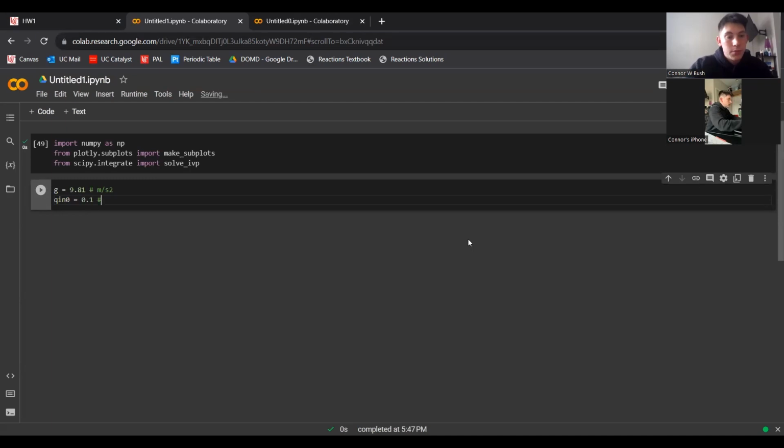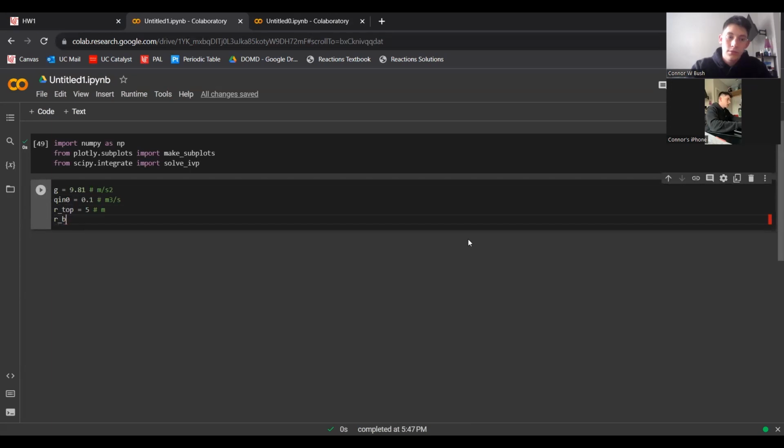We know that the radius at the top is 5 meters. The radius at the bottom is 1 meter. The total height is 8 meters.